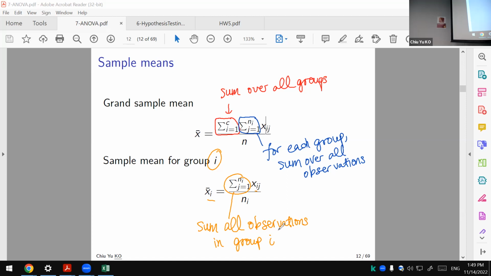So basically you add all the observations in group i. It's like with the data, you pick the college CC, for example, and average the GPA of the CC students, or the average GPA of the NA students, or of the SOS students. So it's the average of the group. The first one is overall, and the second one is the group. Is that clear?